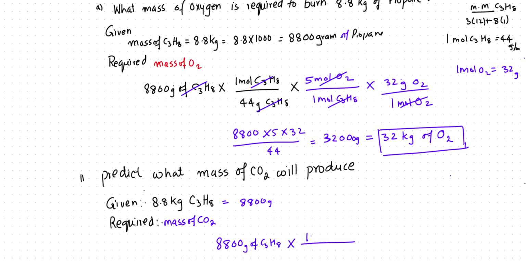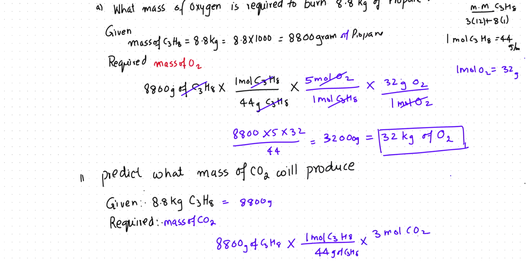Propane is 44 grams. Times the mole ratio. So 3 moles of CO2. So we write here 3 moles of CO2 and 1 mole of propane.